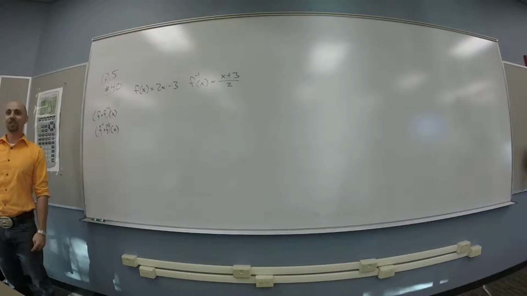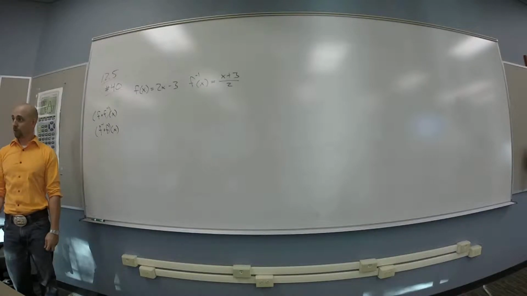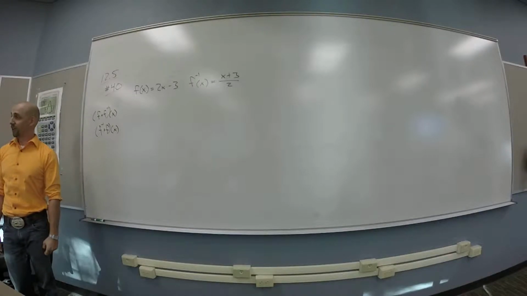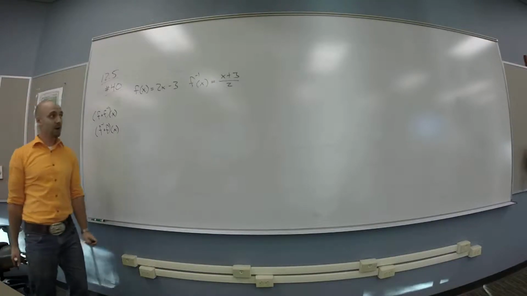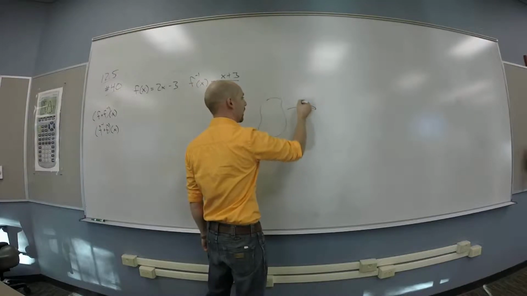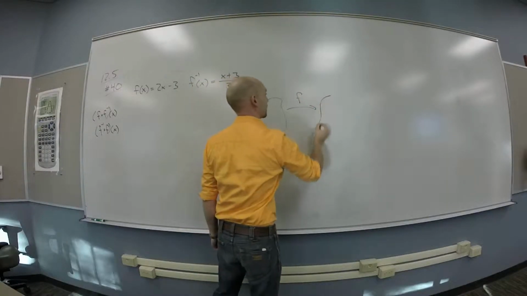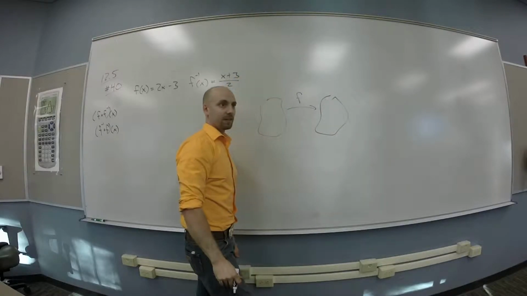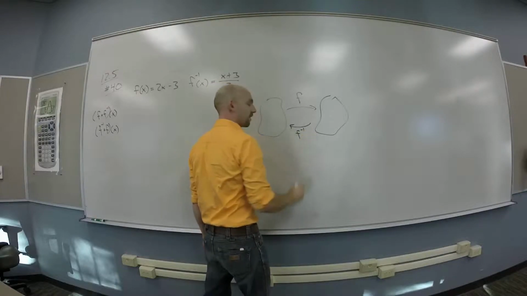Yeah, this is a case of you can do a bunch of arithmetic and algebra, or you can just notice something. The something you might notice is, if I have a picture that looks like this, and f goes somewhere, takes x's to some things, f inverse is the thing that undoes that.